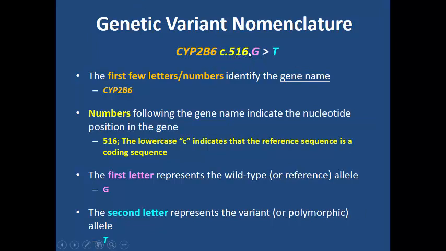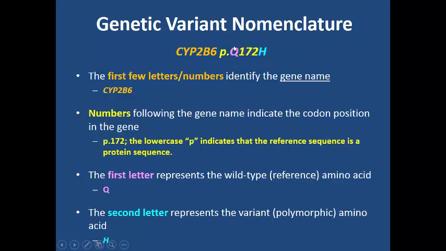So what this shows is that you can refer to the same variant in a number of different ways. You can refer to it at the coding sequence level, the nucleotide level, such as this, or at the amino acid or codon level, such as this. Both of these examples are the same variant. It's just depicting them using a different type of reference nomenclature.